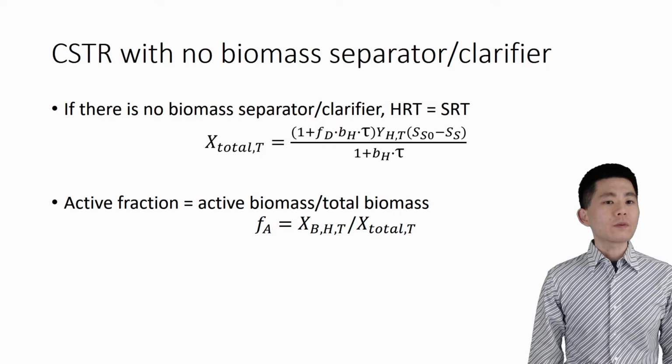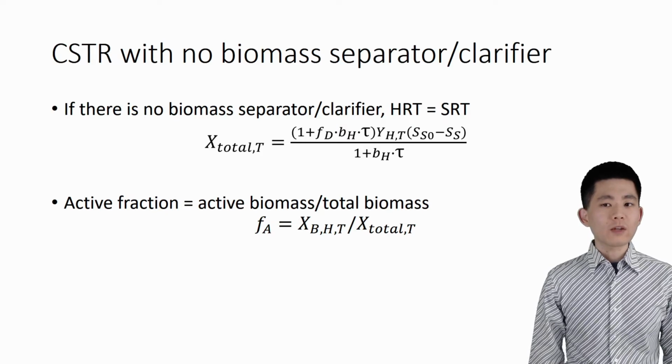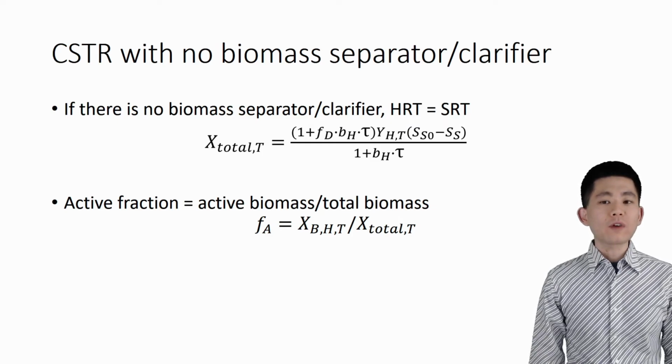Again, if the reactor does not separate solids and liquid, so HRT equals SRT, then the expression for total biomass concentration can be simplified into this. And we can define the active fraction as the active biomass concentration divided by the total biomass concentration.